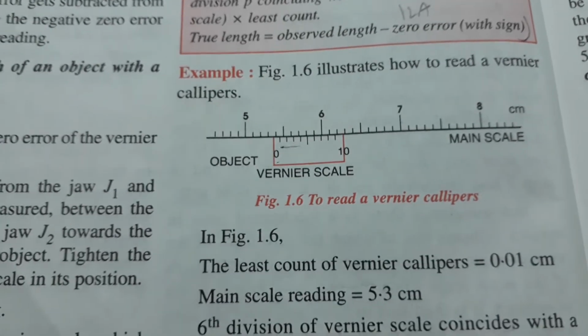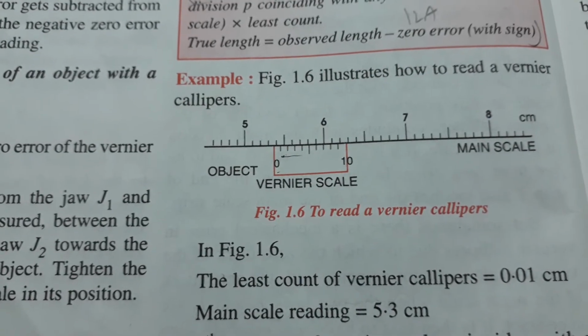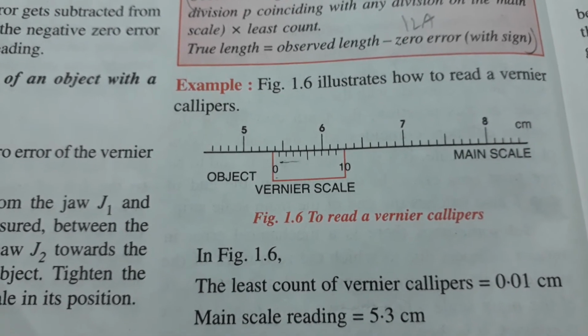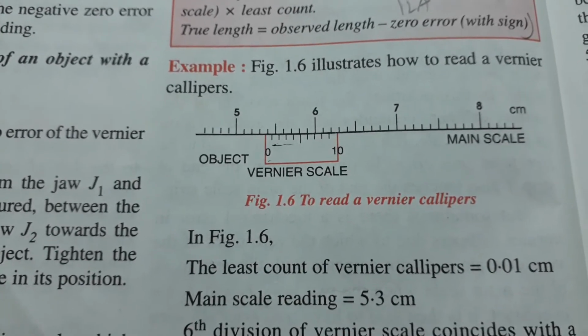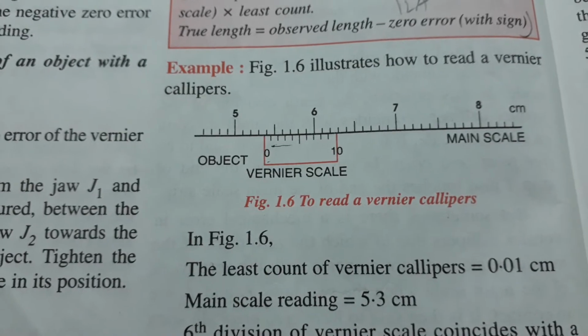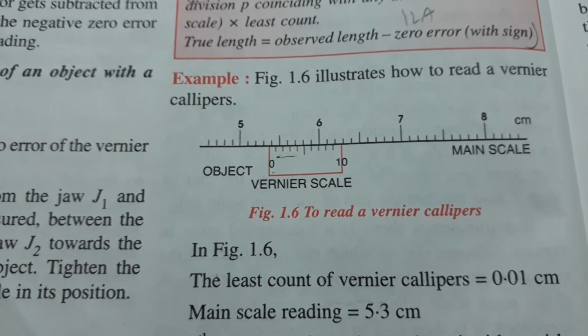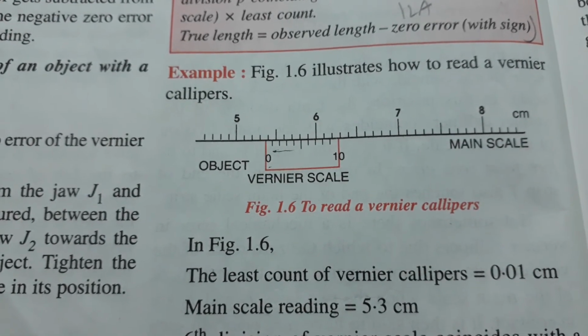So what is the formula? MSR, the main scale reading, that is 5.3, plus Vernier scale division into least count. Find which Vernier scale division coincides exactly with a main scale division. Any one division will coincide exactly, and that division you take as the Vernier scale division.